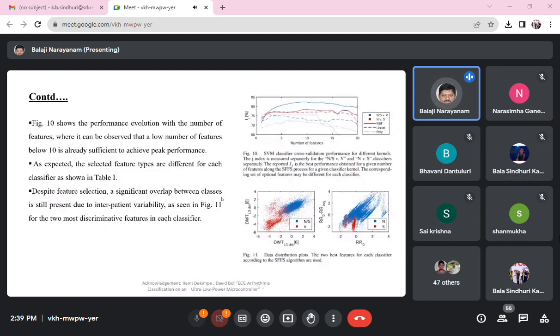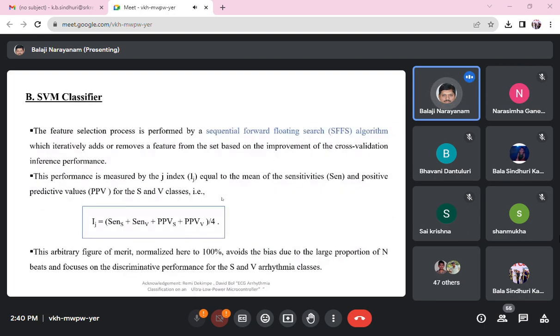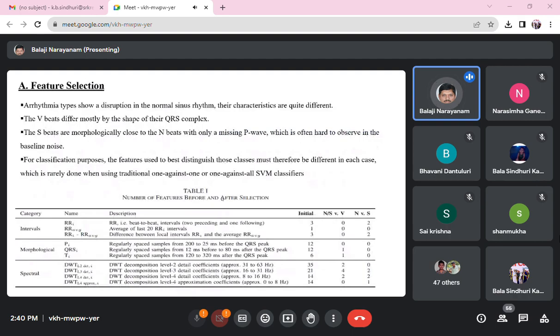Here the authors have shown the performance evolution with the number of features, where it can be observed that a low number of features, below 10, is already sufficient to achieve the peak performance. You can have the selected feature types, which are different for each classifier, shown in Table 1, which we have already seen.